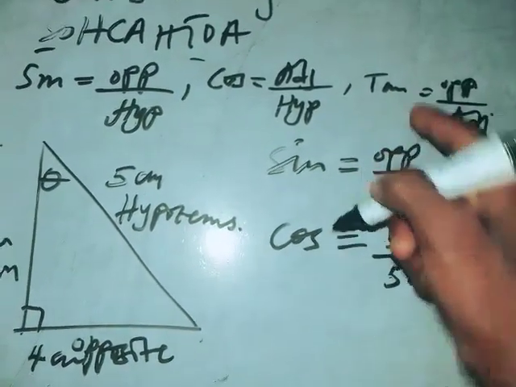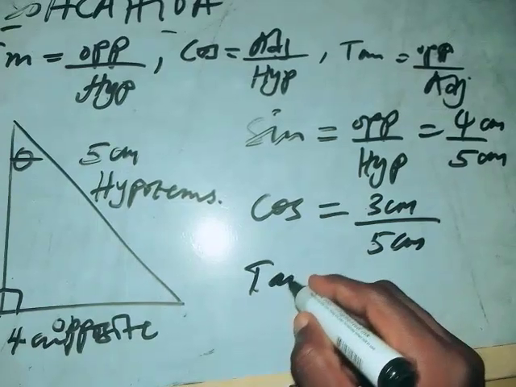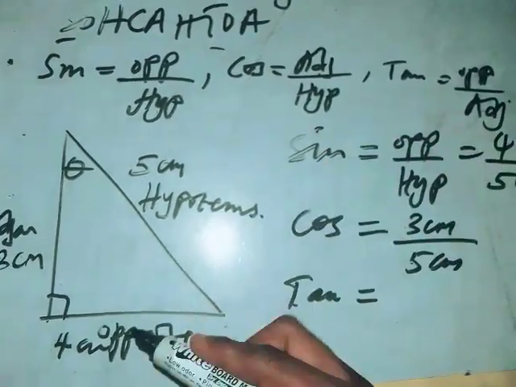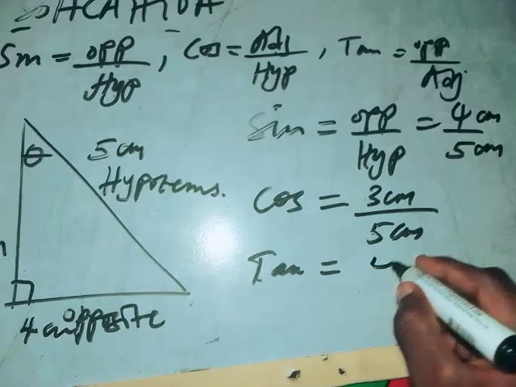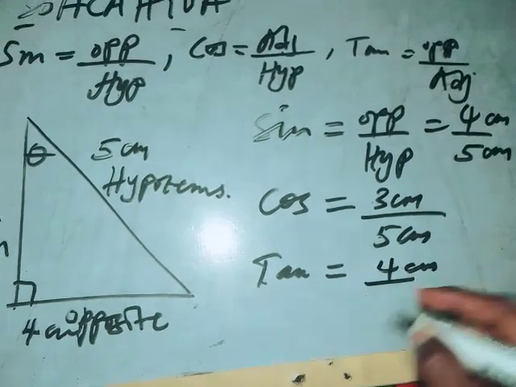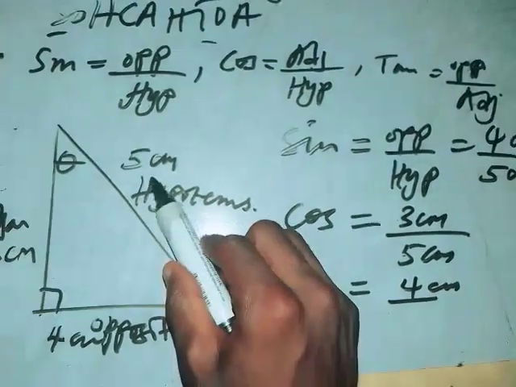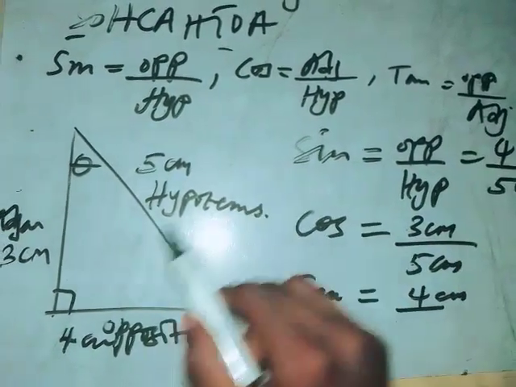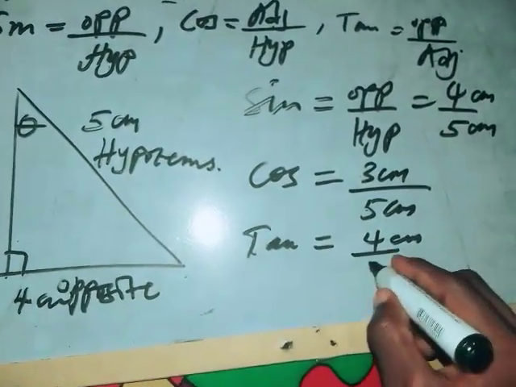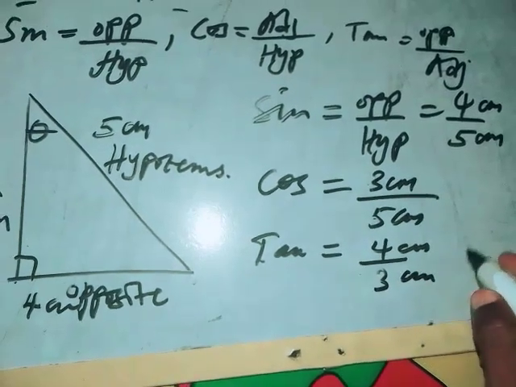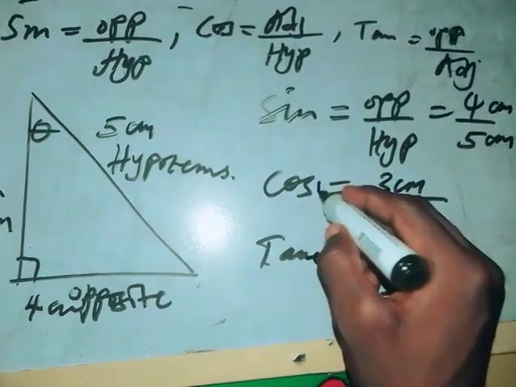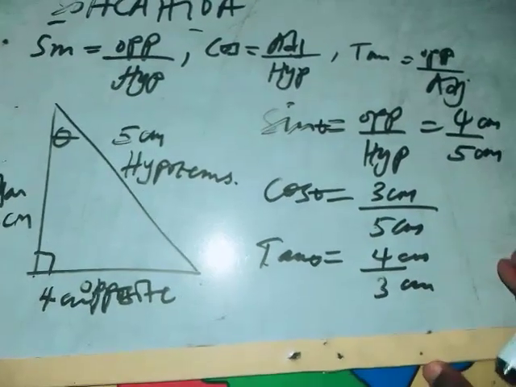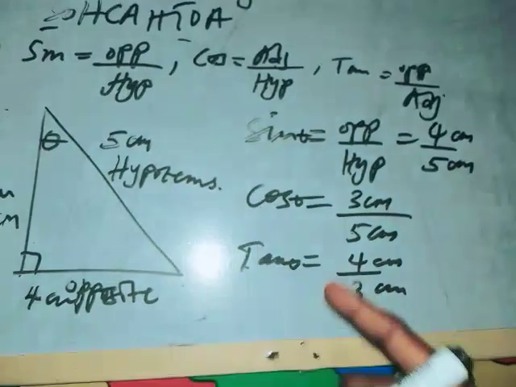Now we have tan, equal to opposite over adjacent. Opposite is 4 and adjacent is 3, so we have 4 over 3. So that is how to determine the ratios of each side in trigonometry.